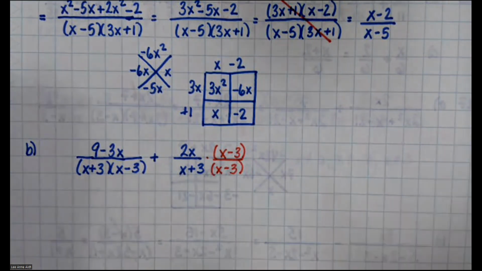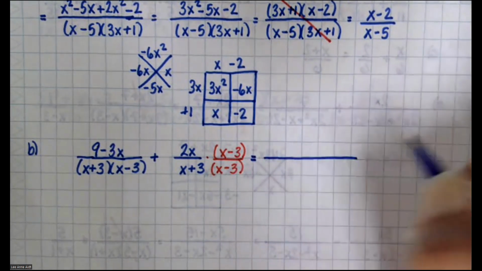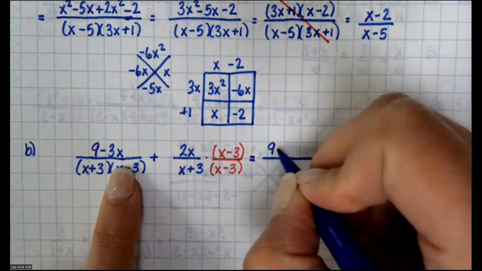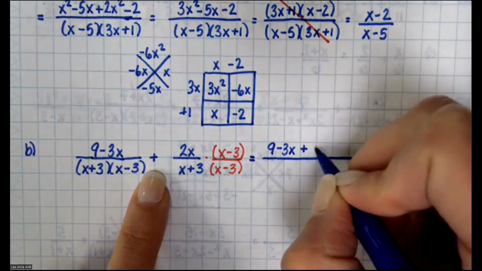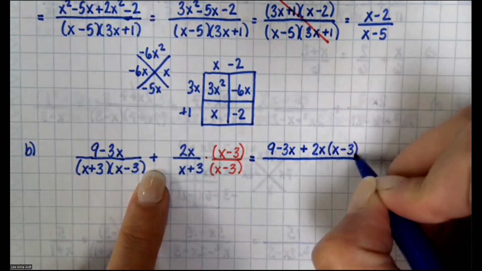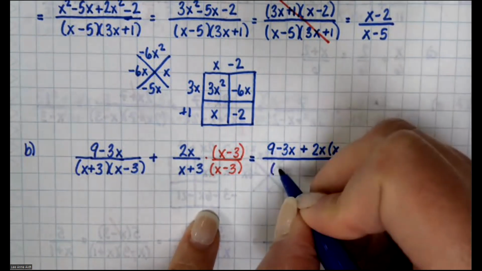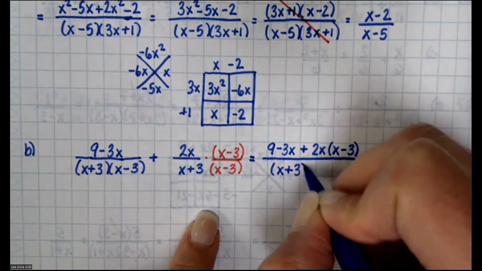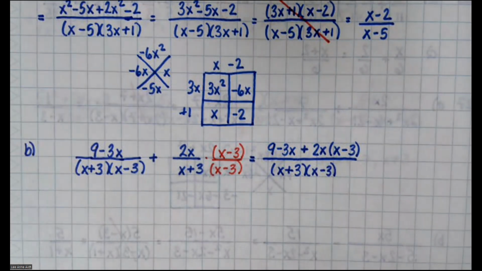Equals giant line, 9 minus 3x plus 2x times x minus 3, over x plus 3 times x minus 3.